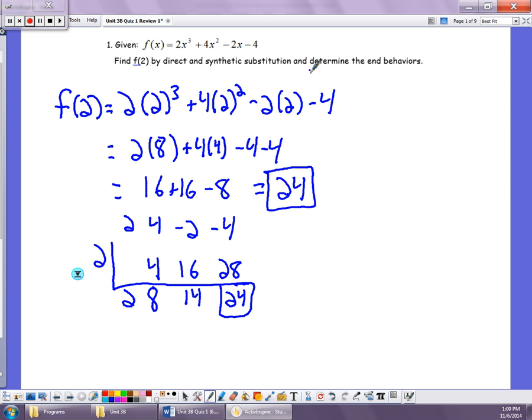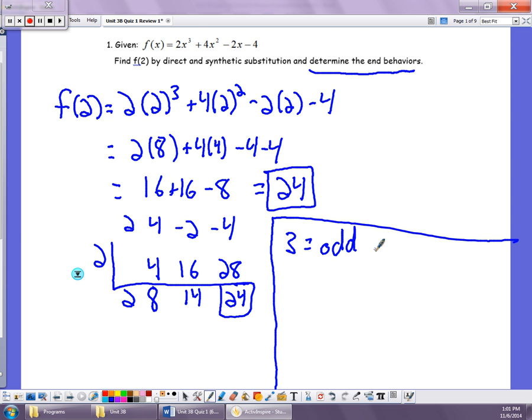Then it also wants me to determine the end behaviors, which is really a completely unrelated question to the previous. So for this, all I'm looking at is my degree, which is 3. So that's an odd degree. And then I want to look at my coefficient, which is 2. So I have a positive leading coefficient. So what that tells me is this graph is going to behave identically to the graph of y equals x.